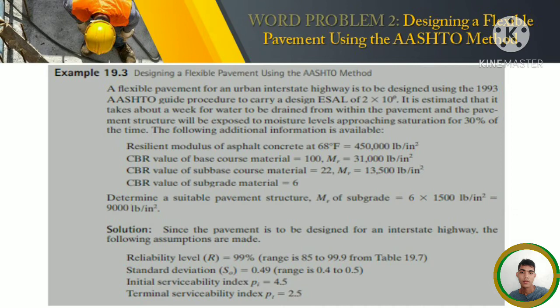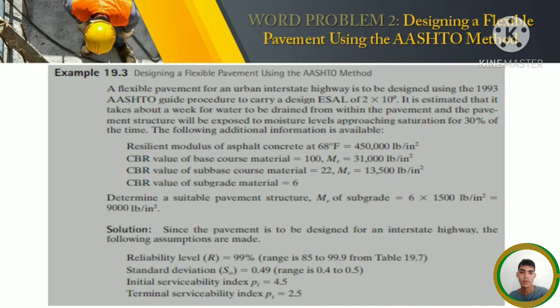The following additional information is available. The resilient modulus of asphalt concrete at 68 degrees Fahrenheit is equal to 450,000 pounds per square inch. The California bearing ratio value of base course material is equal to 100, so M sub R, or the resilient modulus, is equal to 31,000 pounds per square inch. The California bearing ratio value of sub-base course material is equal to 22.